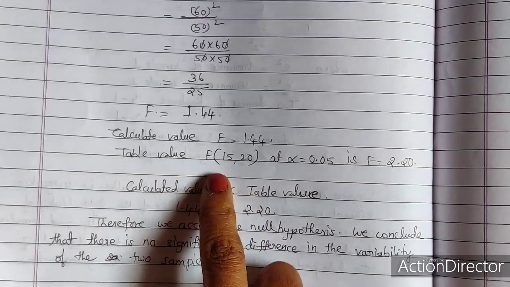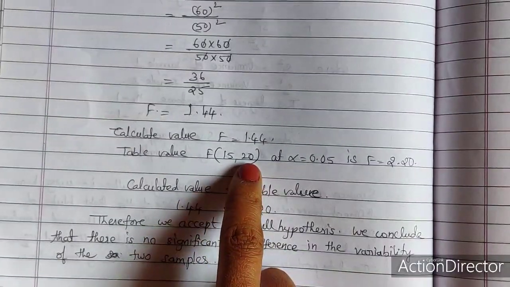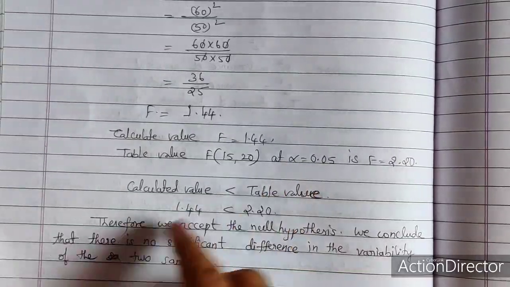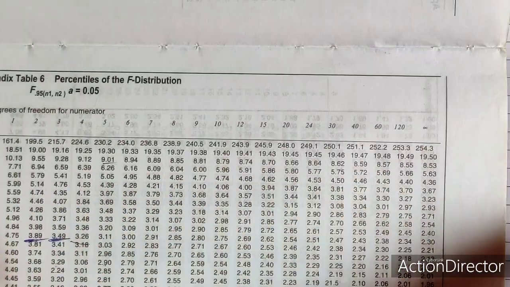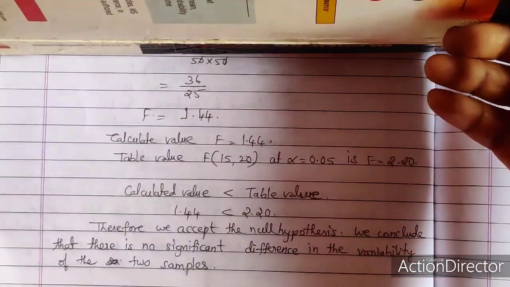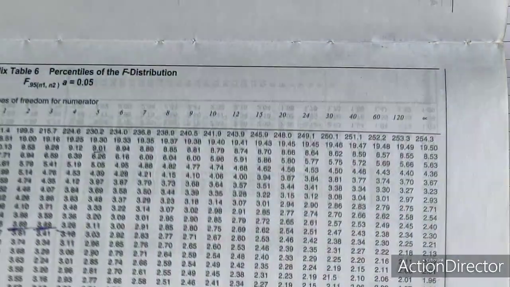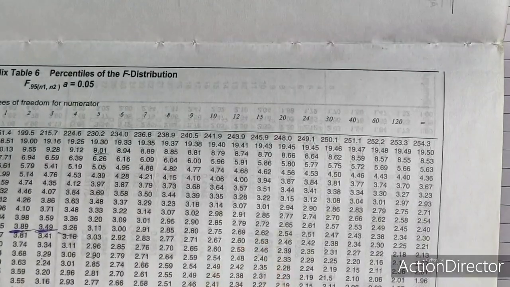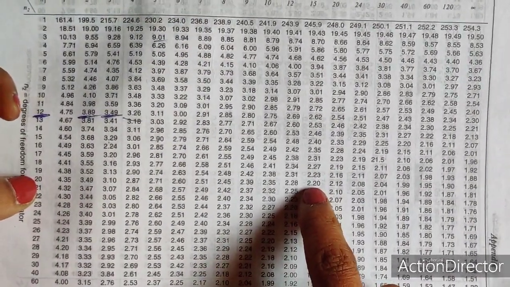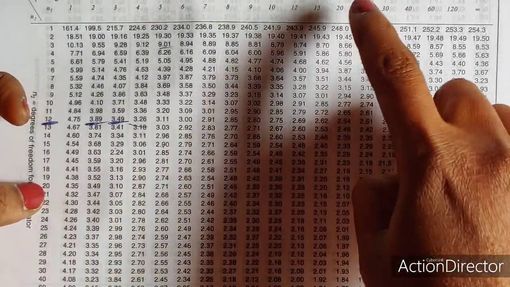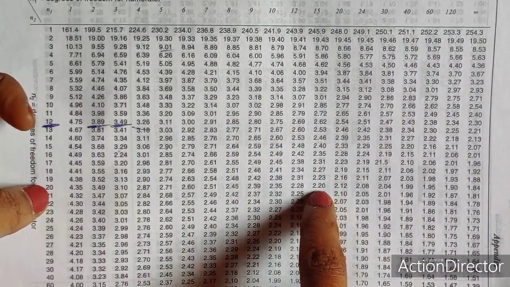So for the table value, the degrees of freedom for the numerator is 15 and for the denominator is 20, at alpha equal to 0.025. Numerator 15, denominator 20, which gives us 2.20.